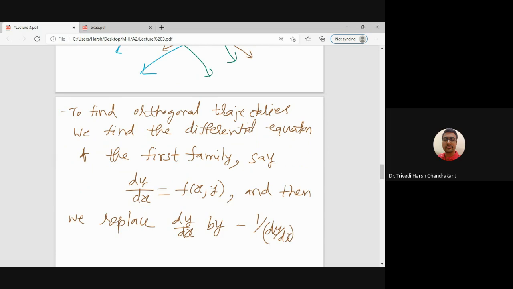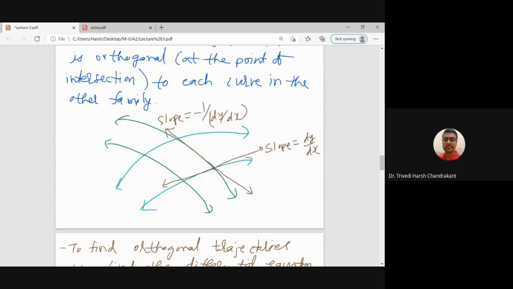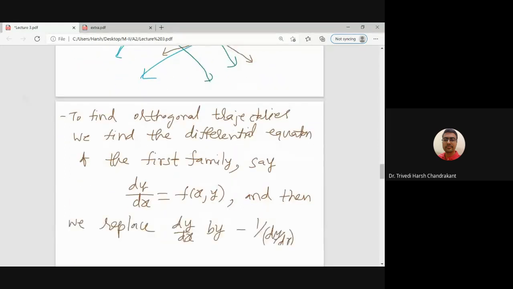That means basically going from one tangent to the other tangent, and then we'll find the curves corresponding to the new differential equation.